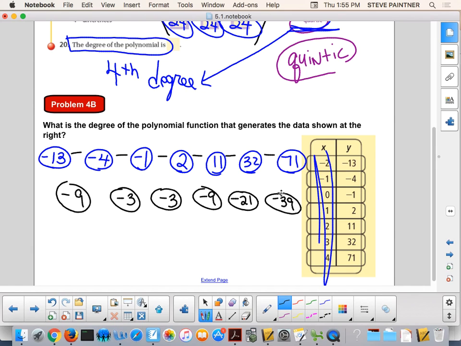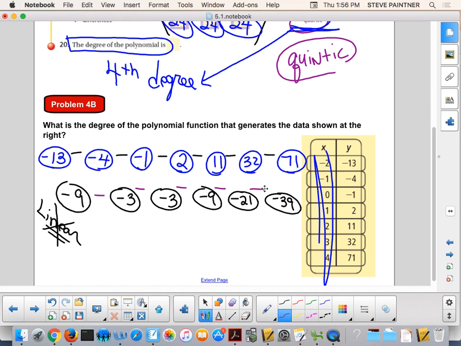The first time I did it, I got this. I'm checking for linear. Is it linear? No, the numbers are not even close. Guys, once you do it the first time, it's not linear. Now we're trying it again. Is it quadratic? If I'm doing something wrong up here, would you let me know?